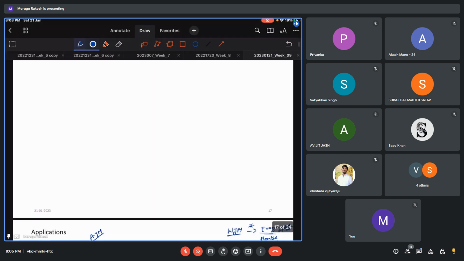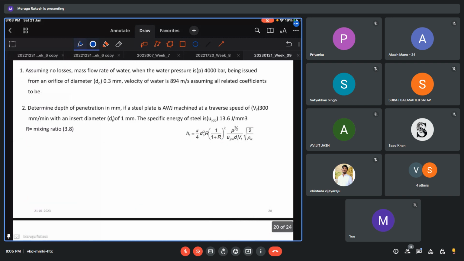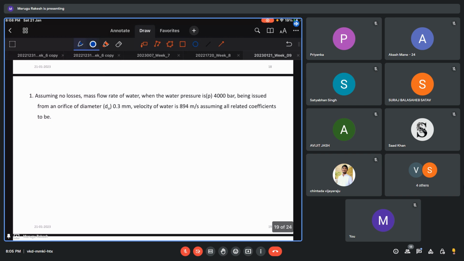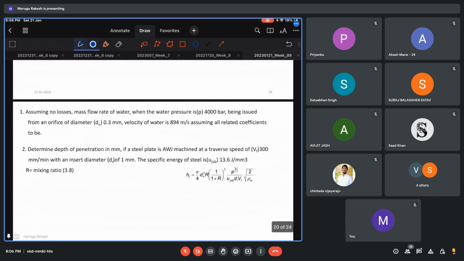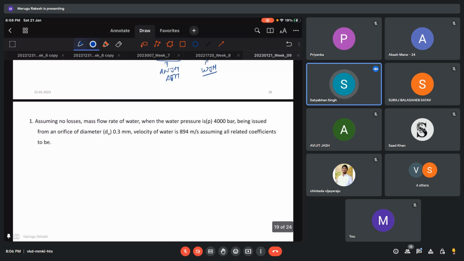So basically, this ultrasonic machining has different derivations. One of them, the MRR, I have given here, two pages above.